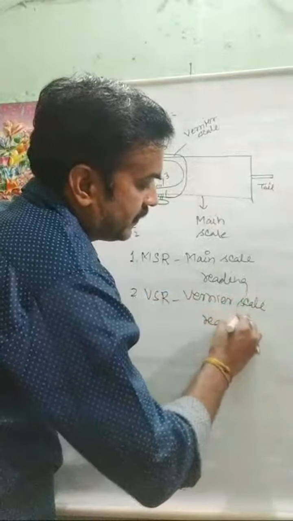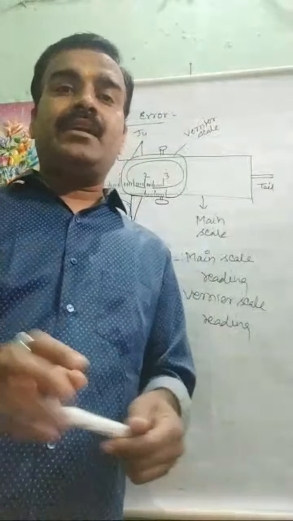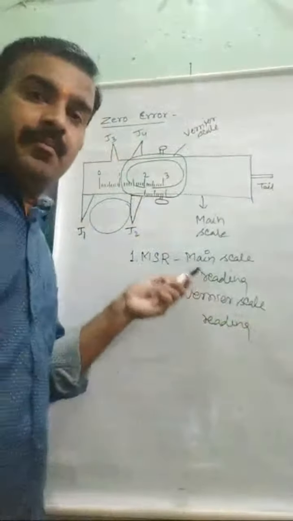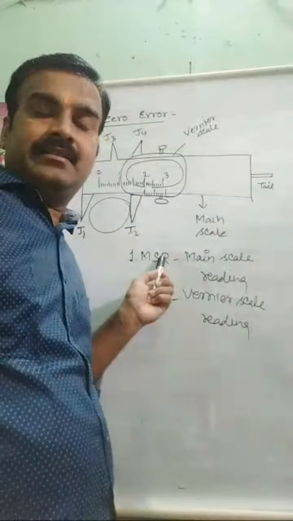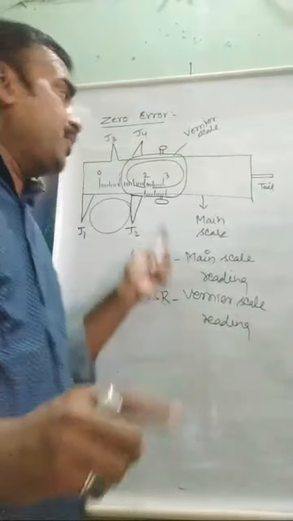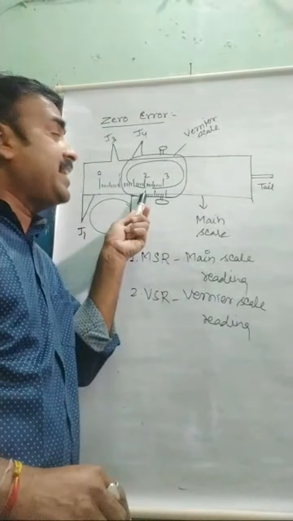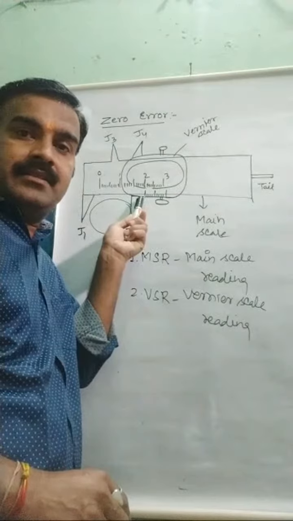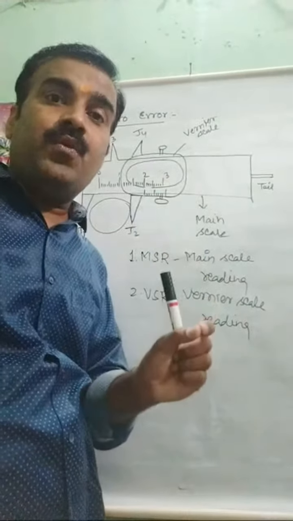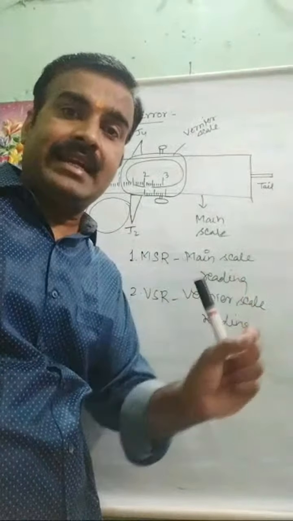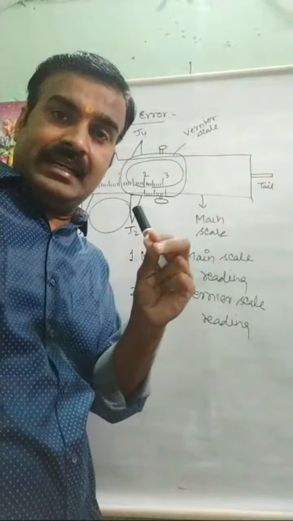For finding the MSR, check the very first division of the Vernier on the main scale.